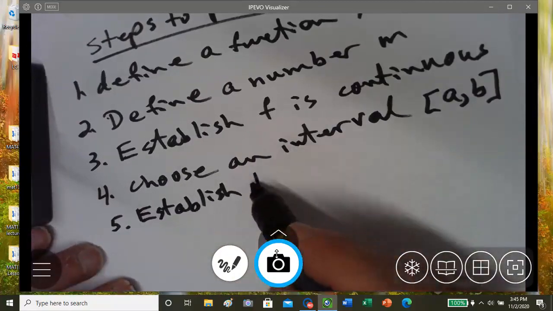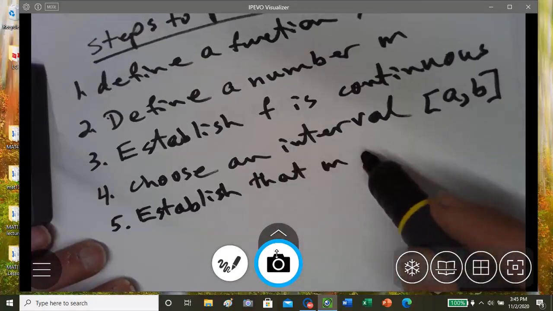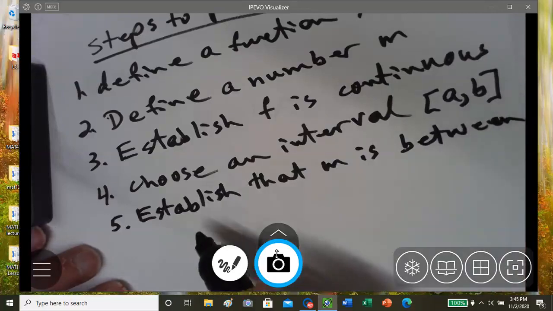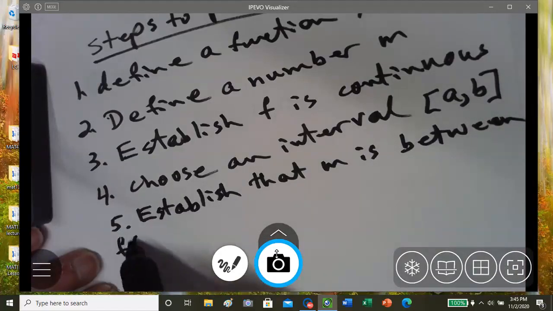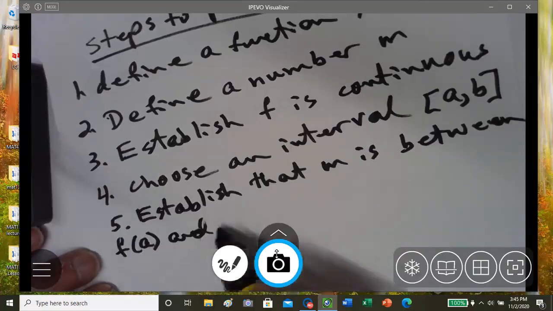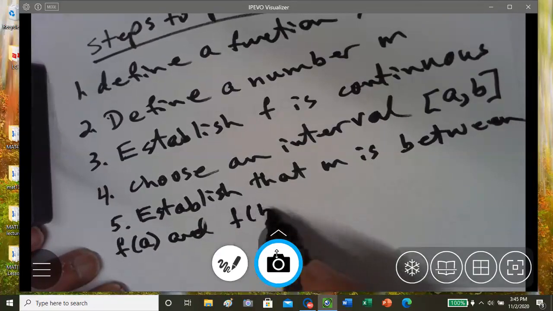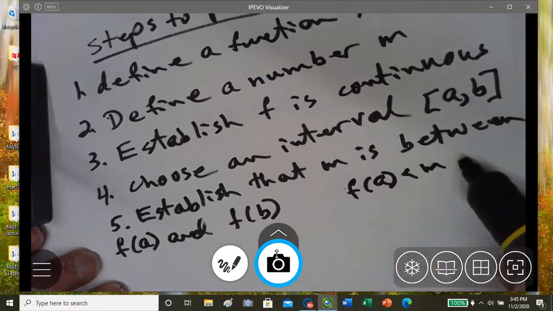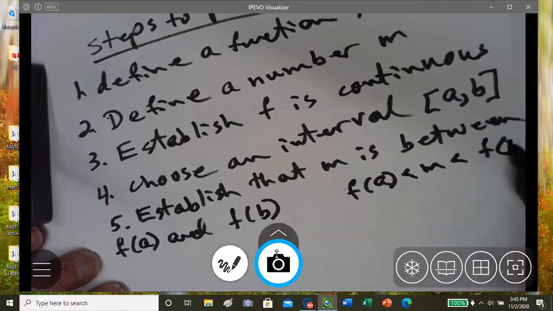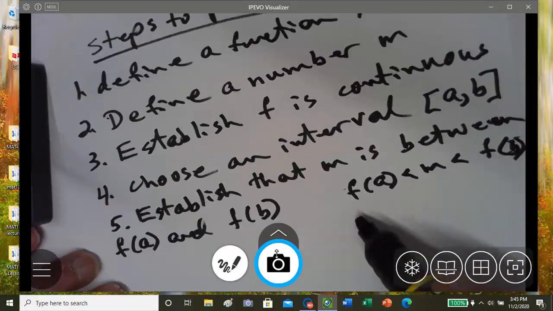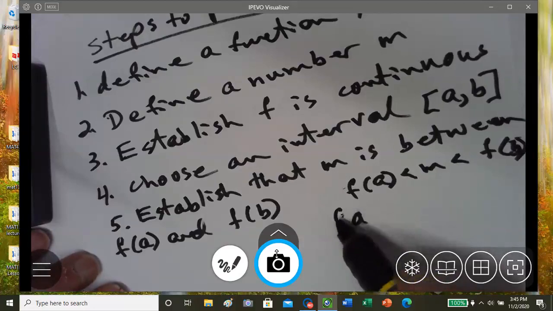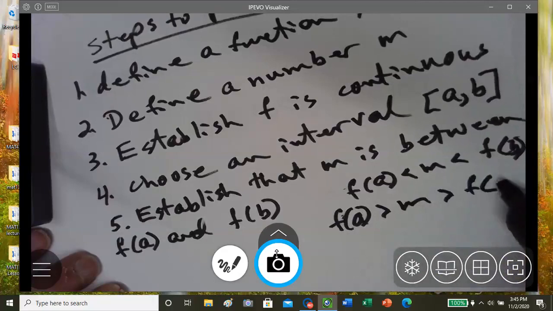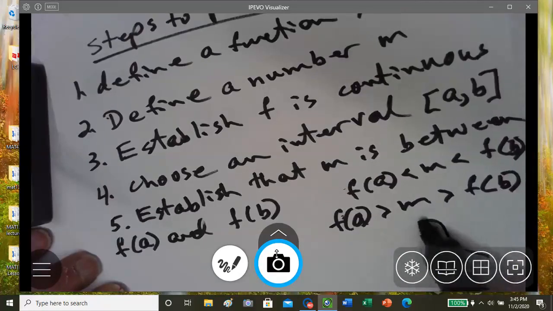Step 5, establish that m is between f of a and f of b. In other words, f of a is less than m, which is less than f of b, or it could be f of a is larger than m and m is larger than f of b if it's going downward.